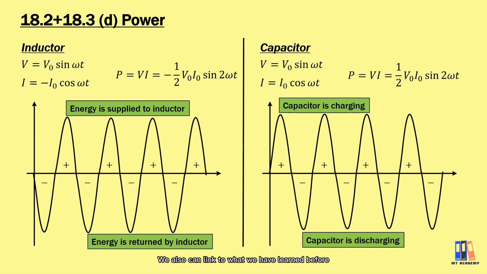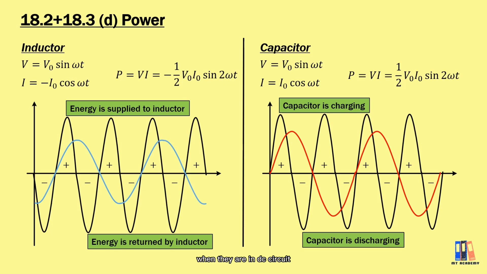We also can link to what we have learned before when they are in DC circuit. When the energy is increasing in the inductor, it happens when there is increase in the current flow. We have learned that there is back EMF induced in the inductor, so there is work done to overcome the back EMF, which is converted to the energy that's stored in the inductor.